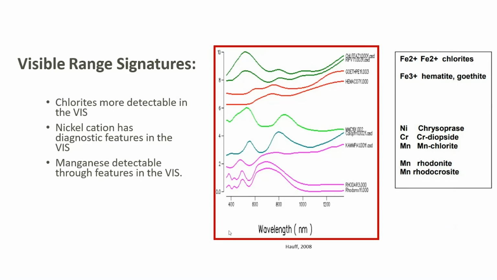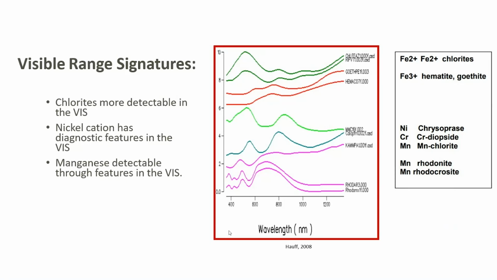The nickel cation also has diagnostic features in the visible range that can be detected in nickel laterite deposits and correlated to the ore zones. Chrome in kimberlite minerals, such as chrome diopside and G10 garnets, makes spectroscopy invaluable to the identification of indicator minerals. Manganese is also detectable through these features in the visible range.